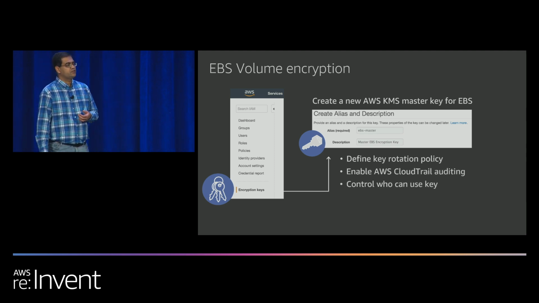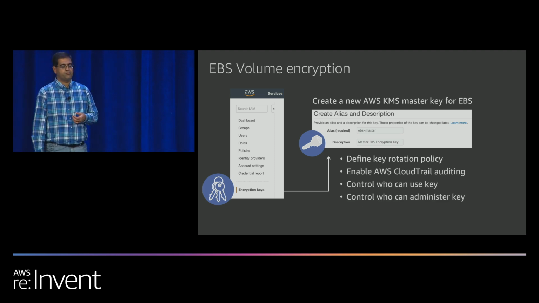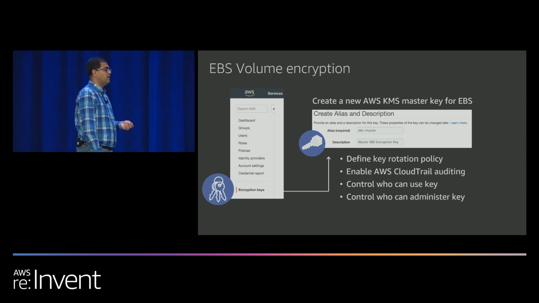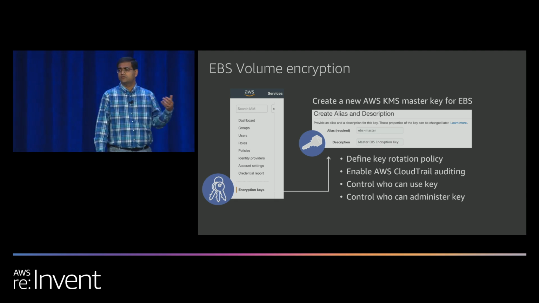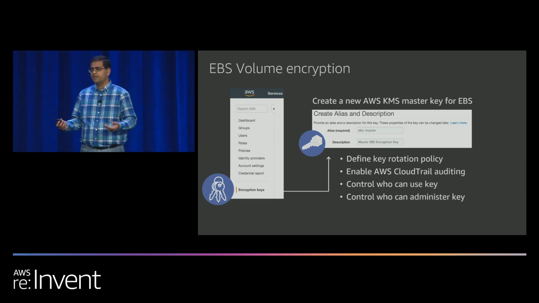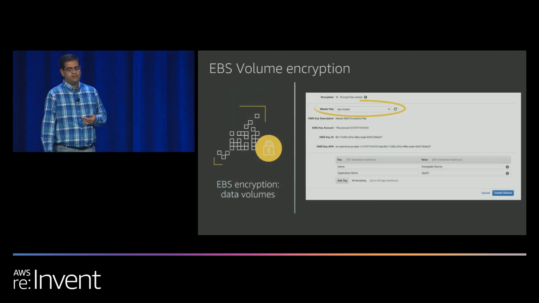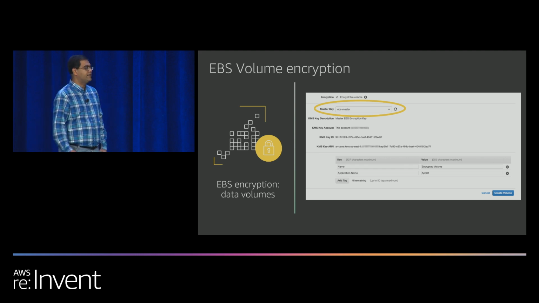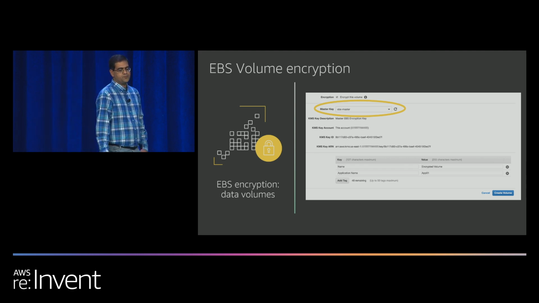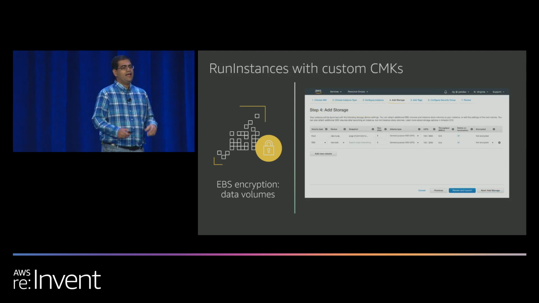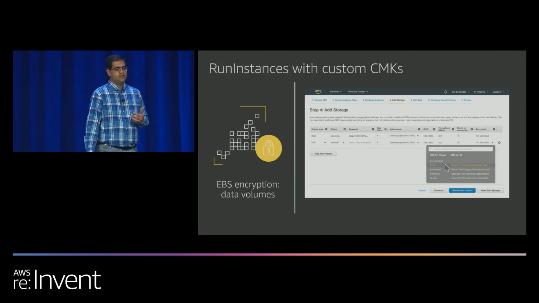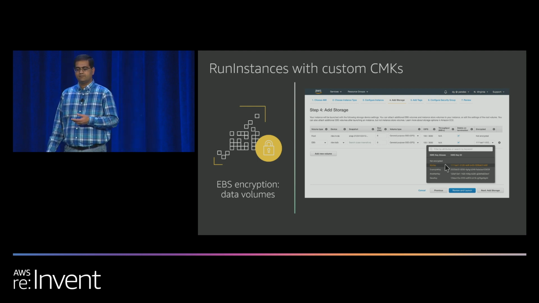Creating the master key allows you to define key rotation policy, enables CloudTrail auditing, controls who can use the key, and controls who can administer the key. Once you define that key, you can select it within the master key setting in your Create Volume console. From that point, as you add storage, you can just select the encrypted option and select the key.